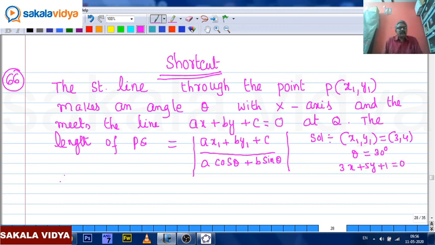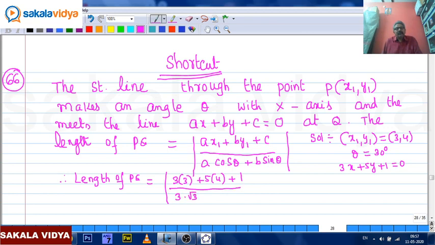So now the length of PQ is equal to mod of 3 into 3 plus 5 into 4 plus 1, upon a cos theta plus b sin theta. a means 3, cos 30 is root 3 by 2, plus b means 5, sin 30 is 1 by 2.